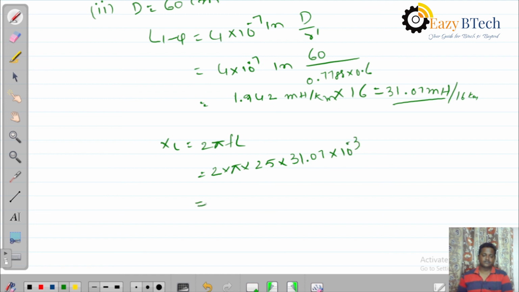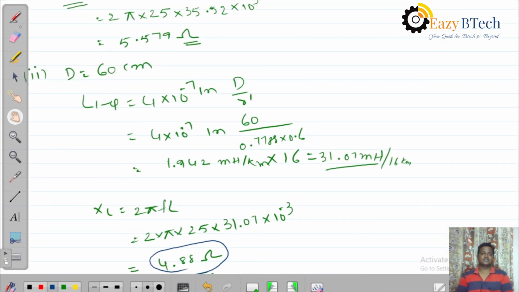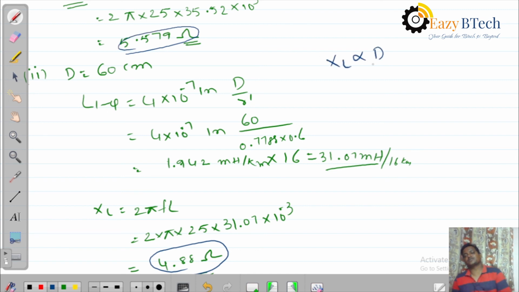How much do you get? 4.88 ohm. Observe the values here. If distance is less, the inductive reactance value is less. Therefore, the XL value is directly proportional to D.